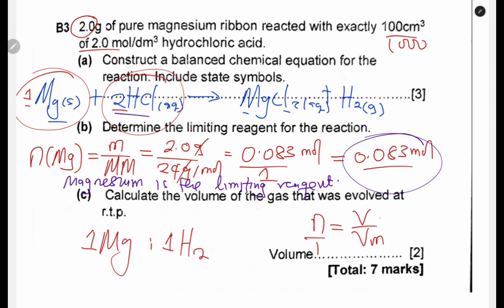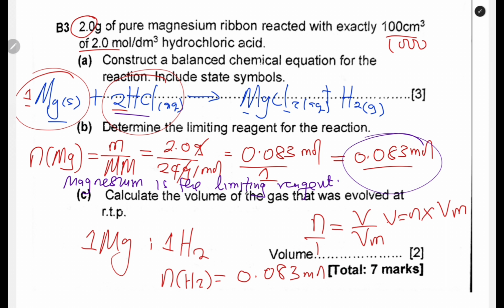Which means if you want to find the volume, you're going to have volume equals number of moles multiplied by Vm. So you need to find the number of moles of hydrogen. The way you find the number of moles of hydrogen, you form a ratio. Since these are a 1-to-1 ratio, number of moles of hydrogen is equal to the original one, 0.083 mole.